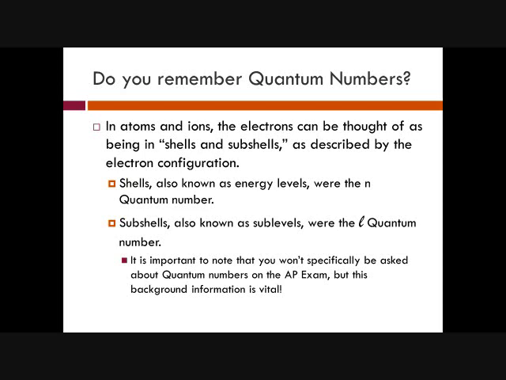Subshells are also known as sublevels and orbitals, where the l quantum number describes the shape of the area in which the electron could be located. And we had lots of different shapes, but it's important to note you won't be specifically asked about quantum numbers or have to tell me the quantum numbers for any given problem on the AP exam.